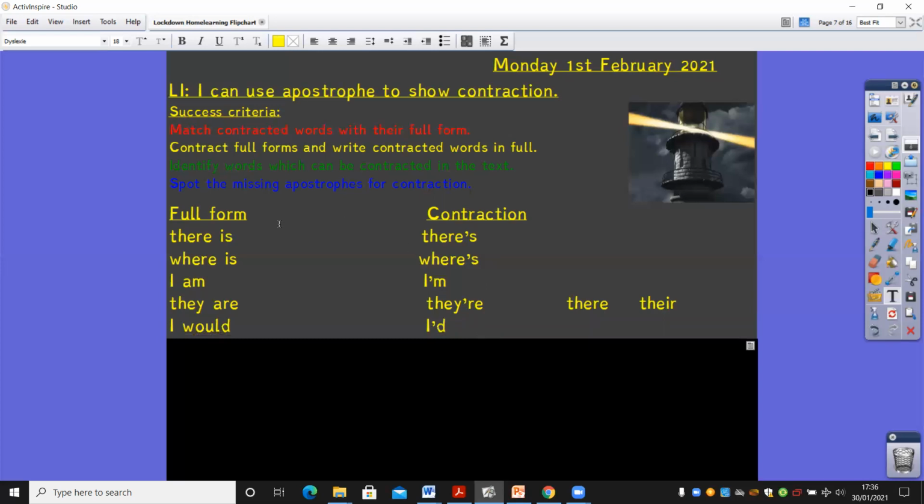So far, all our examples were examples of where only one letter gets squashed out and replaced by an apostrophe. But let's have a look at this example. I would. And this is the contracted form. Children, how many letters are replaced by an apostrophe?